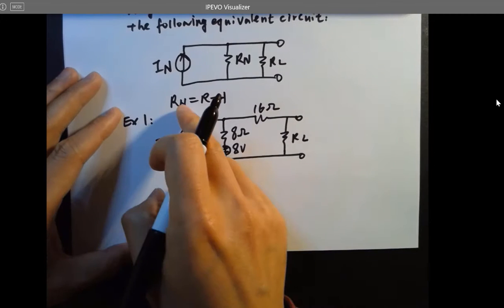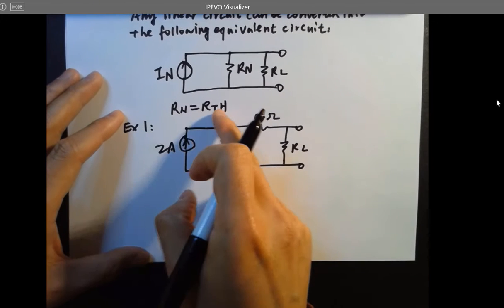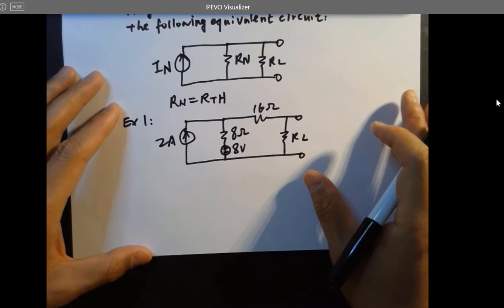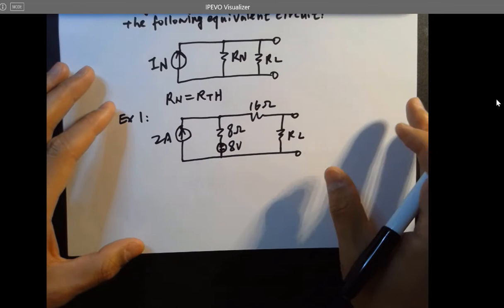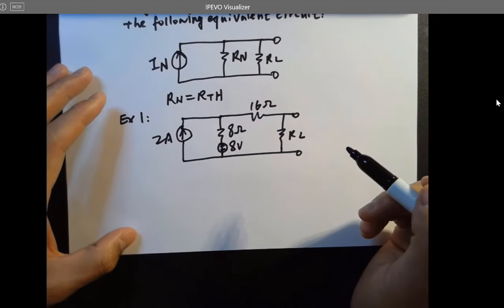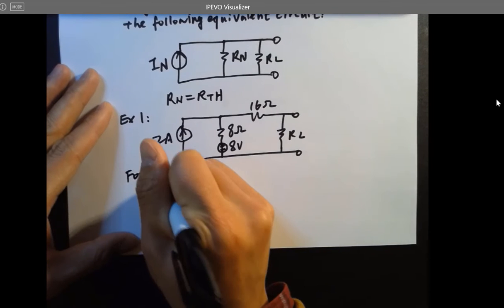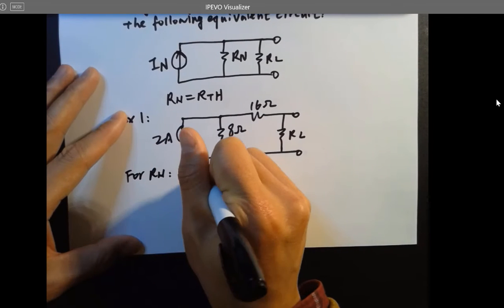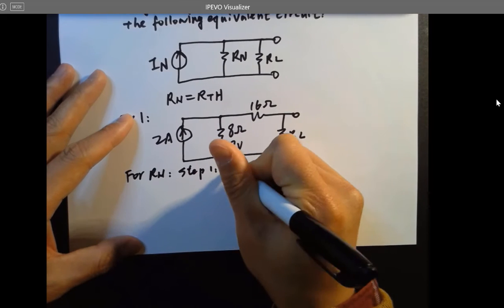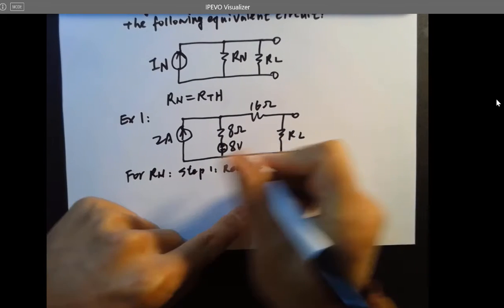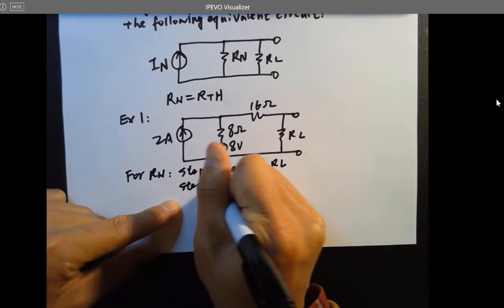Let's find Rn first, because Rn is the same as RTH. We are not going to repeat it in detail, but I'm going to show you the procedure. For Rn, step 1, remove RL.